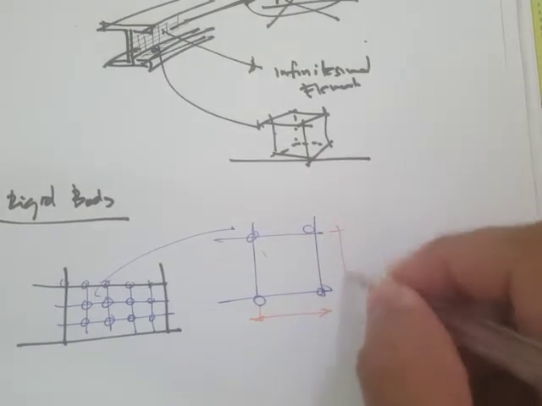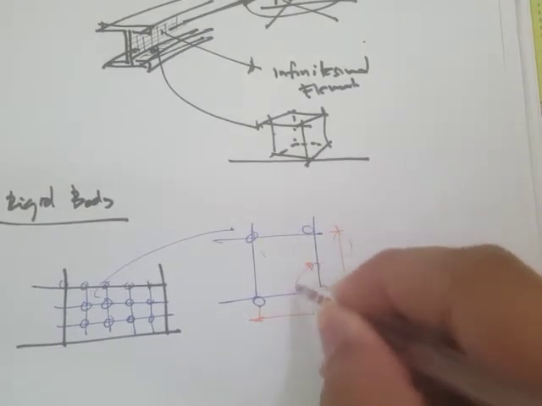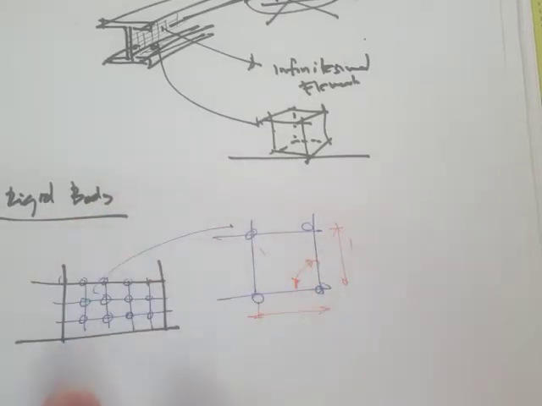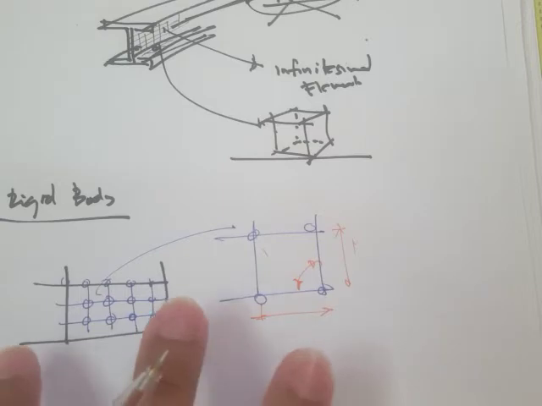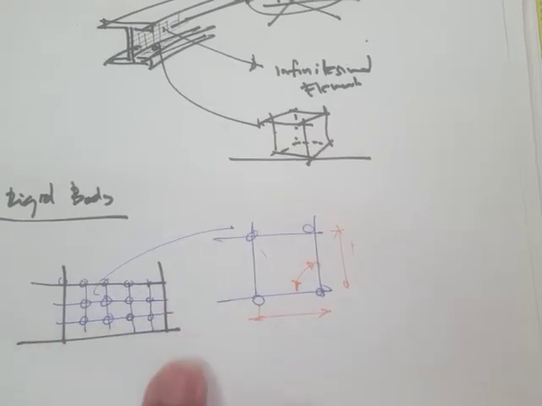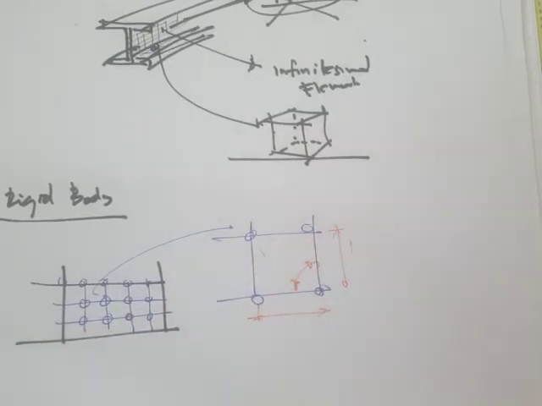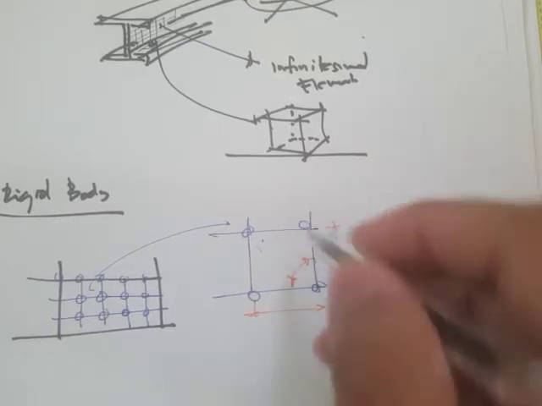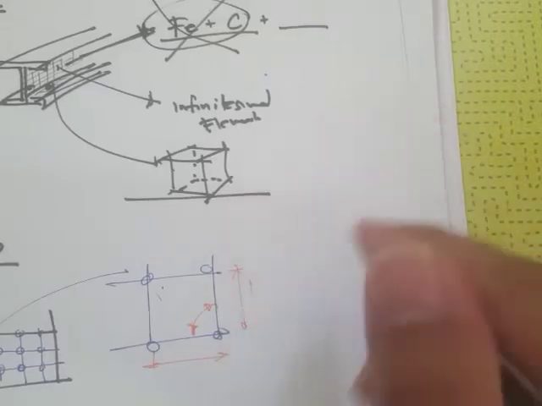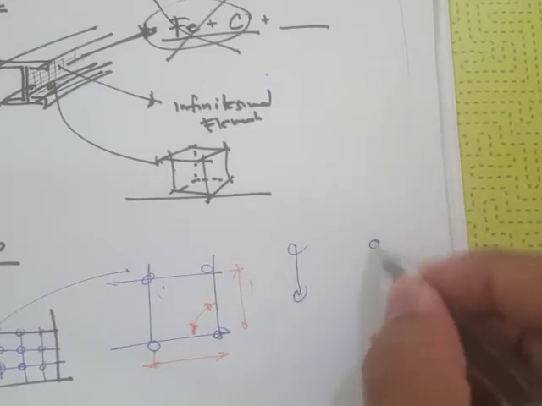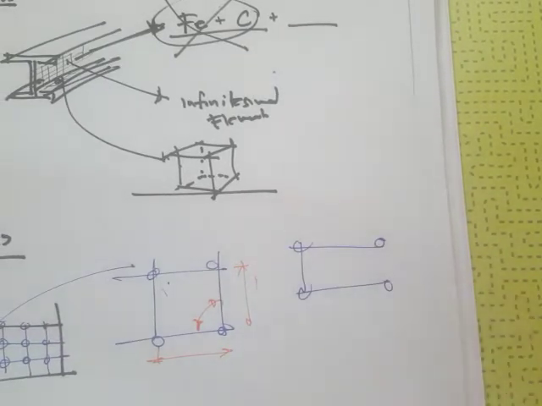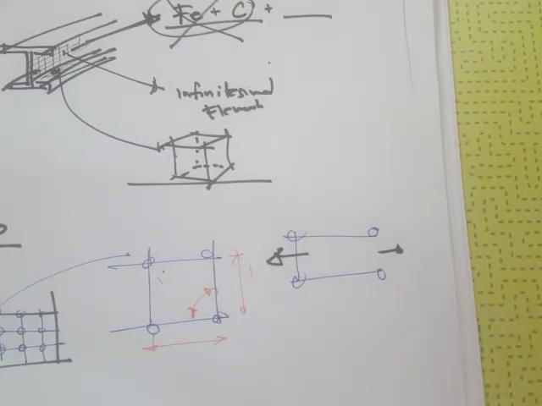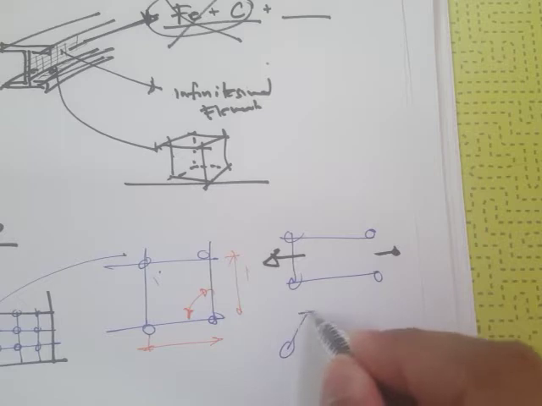So we have this distance, we also have this distance, and we have this angle right here. So when I subject this body to external forces, and it deforms, let's say it changes to something like this, because of the external forces, or it can change to something like this.